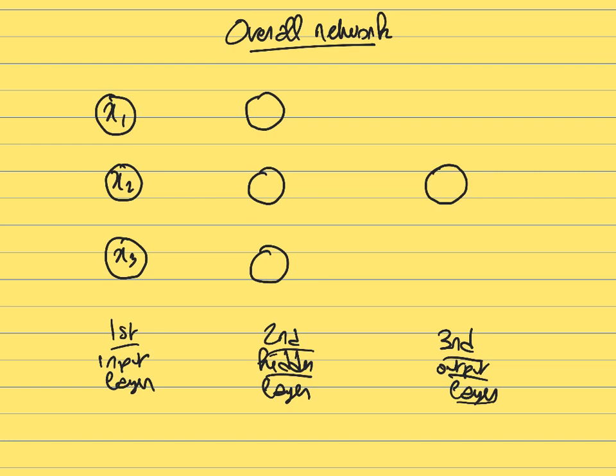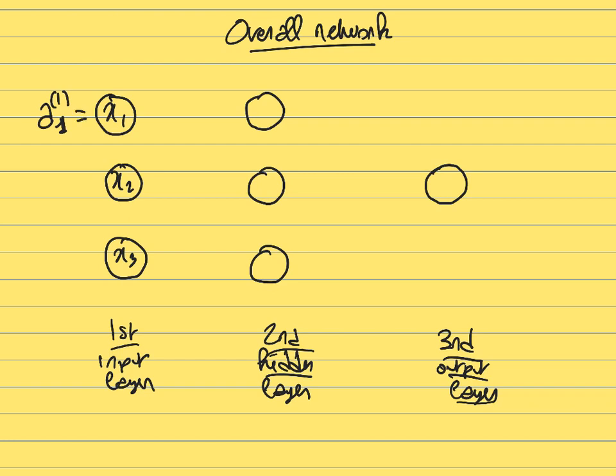So typically, each of the neurons of the first input layer, rather than just calling them x1, x2, x3, we are going to call them A with a superscript that is the number of the layer that it belongs to, and a subscript that is the number of this neuron within this layer. So this first one will be A11.